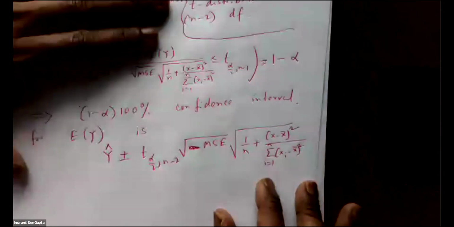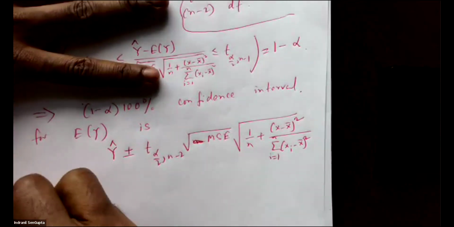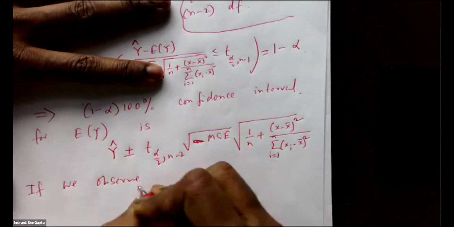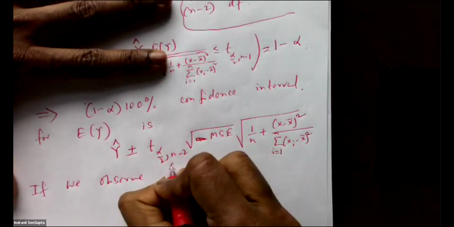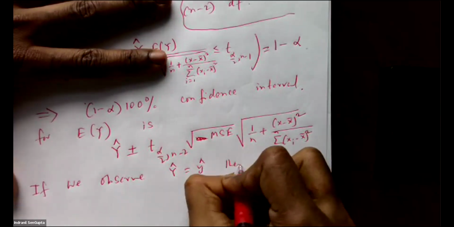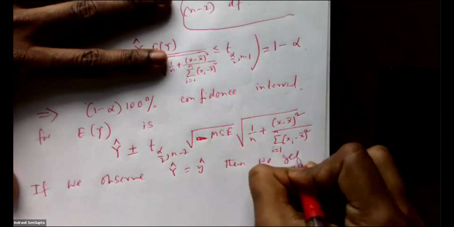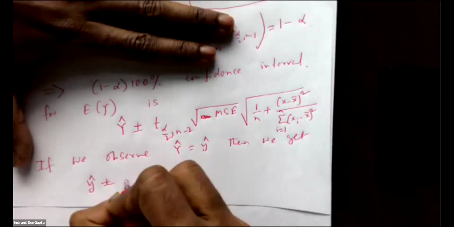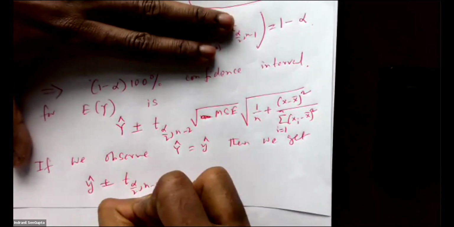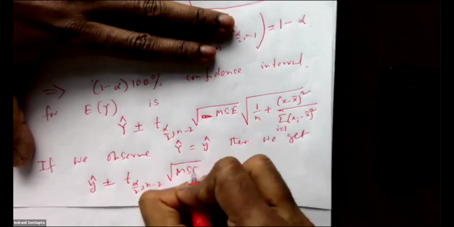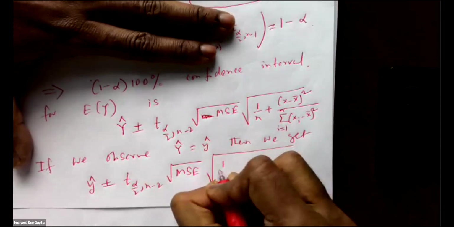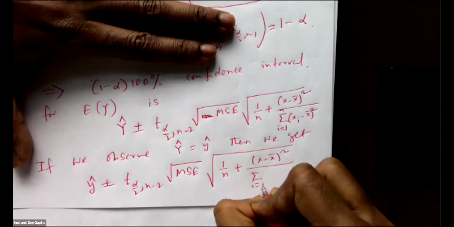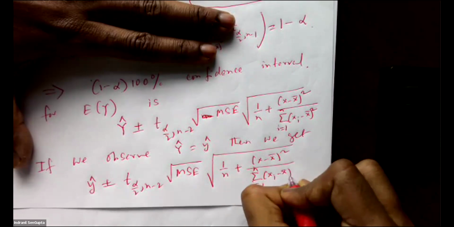If we observe the fitted value, so the random variable y hat equals a particular value, little y hat, then we get little y hat plus or minus the same term.